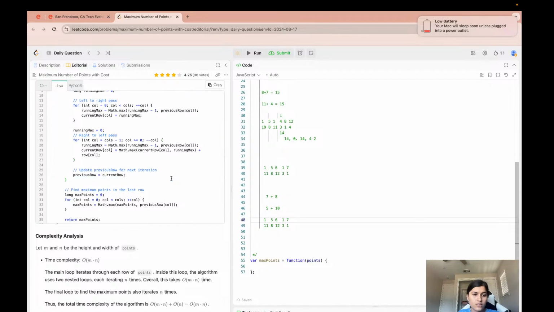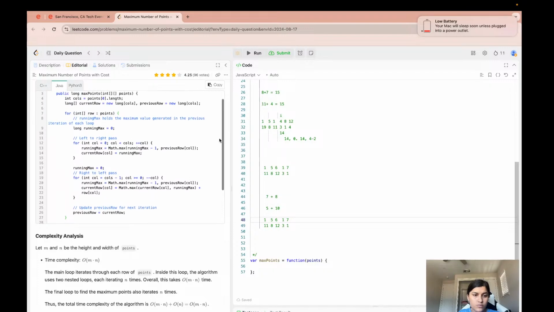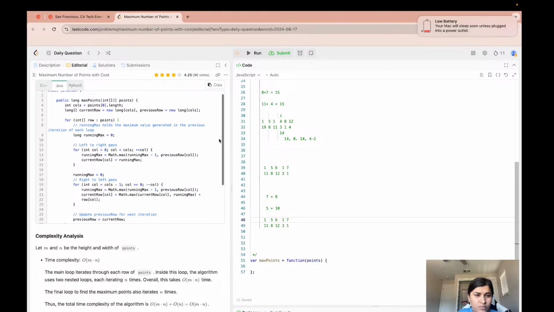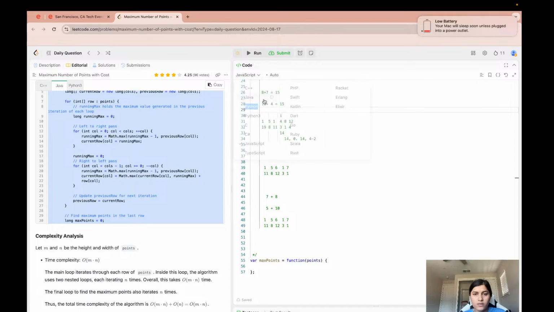Update previous row for next iteration. Now I will just copy this into Java.